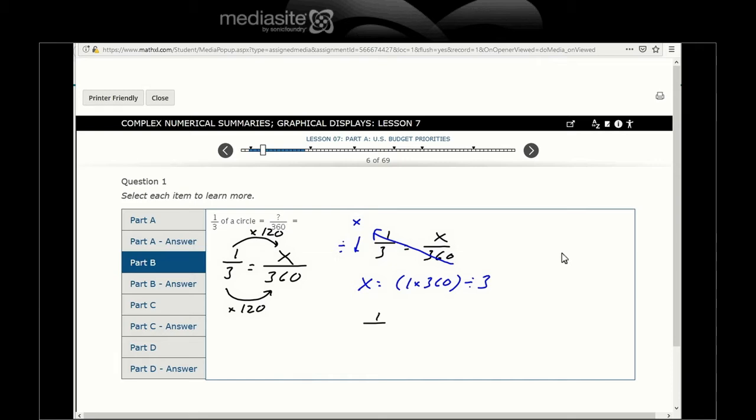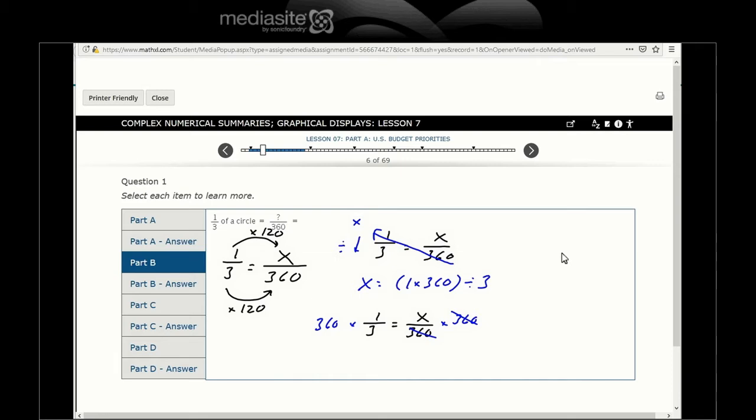Or multiply both sides by 360 to cancel.